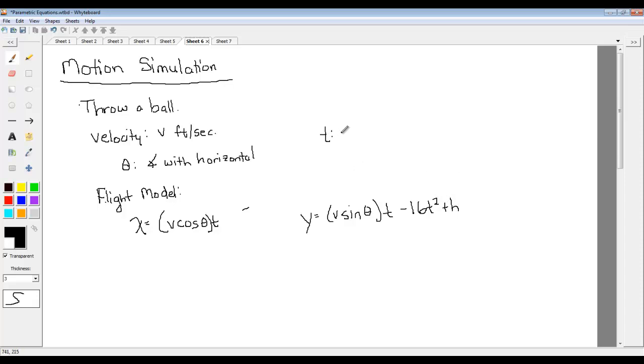T is time in seconds. The negative 16t squared is a result of gravity's pull, pulling the ball back down.